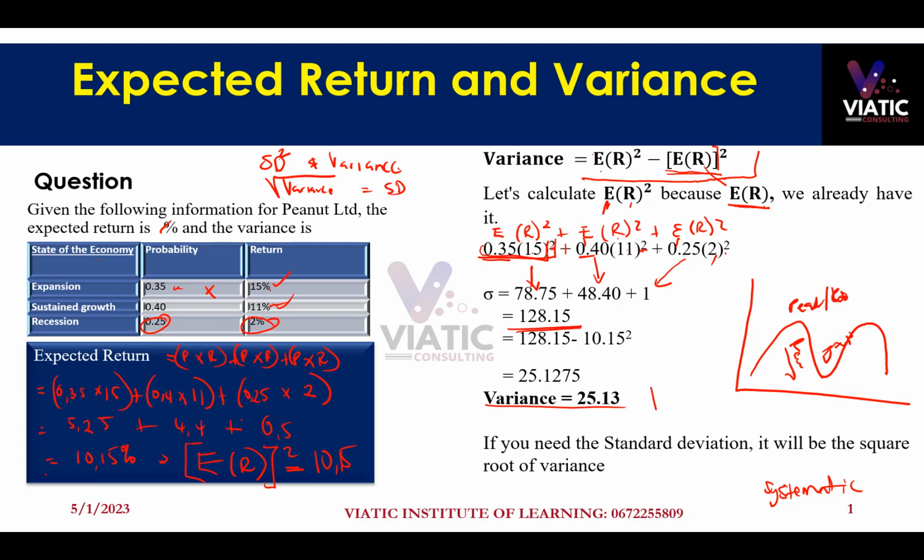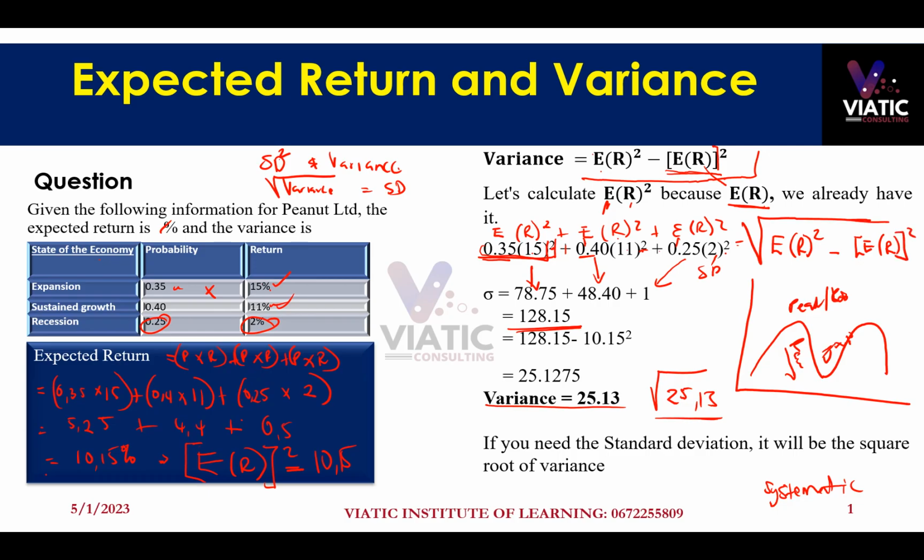Then if we want the standard deviation, we just take the square root of 25.13. So you realize that in the previous assignments, like the 2021 assignment, we have been calculating standard deviation throughout, and our formula was looking like this. Standard deviation, or SD, is equal to the square root of E multiplied by R squared minus expected return, E multiplied by R, in brackets squared, like that.